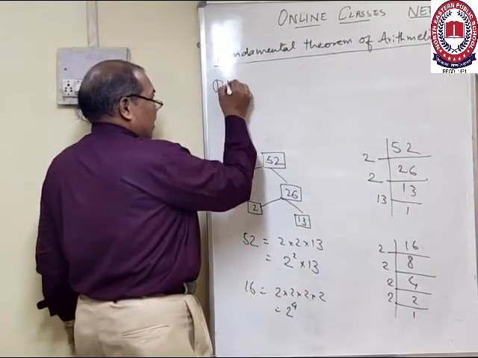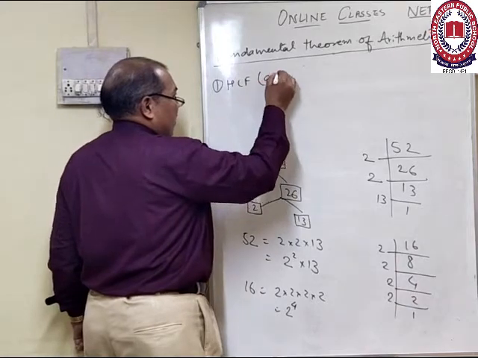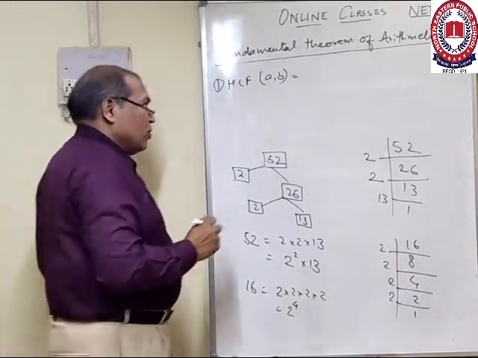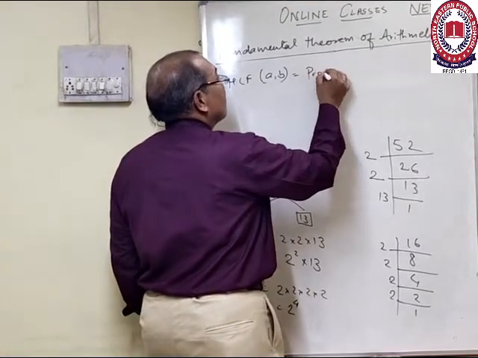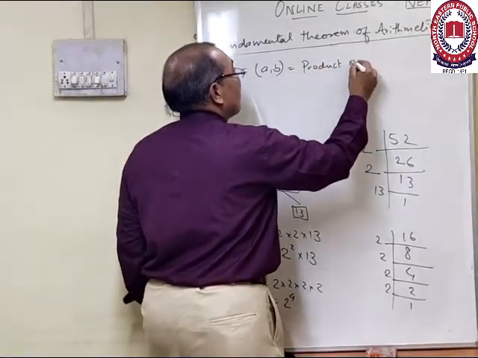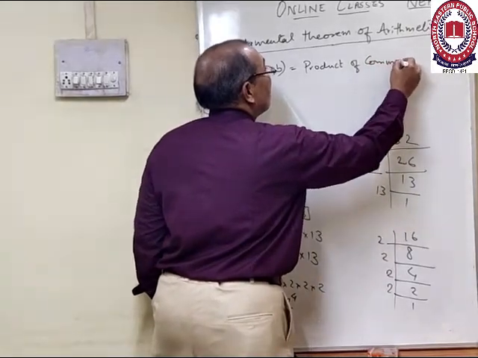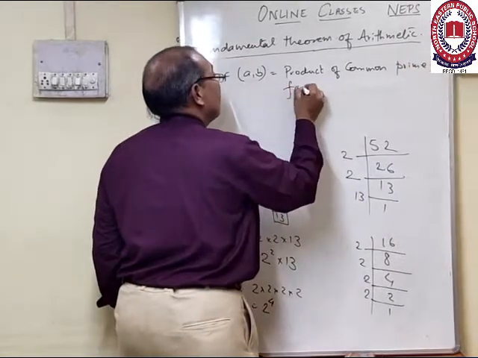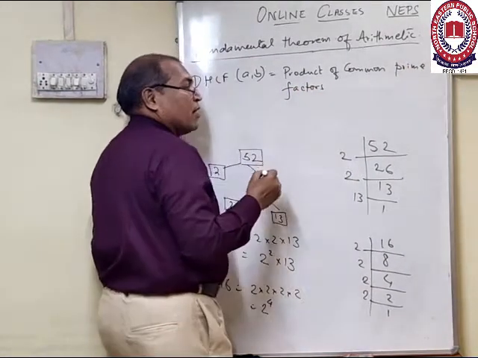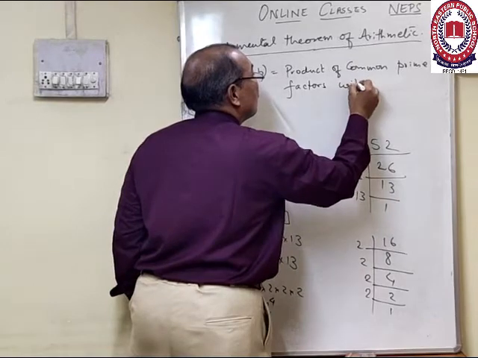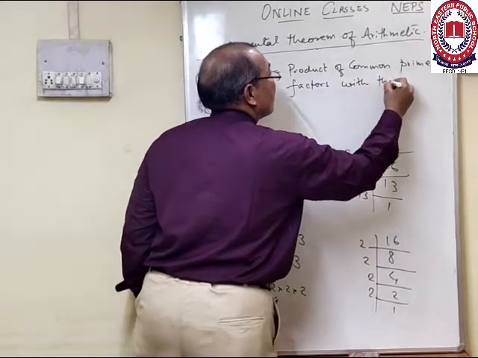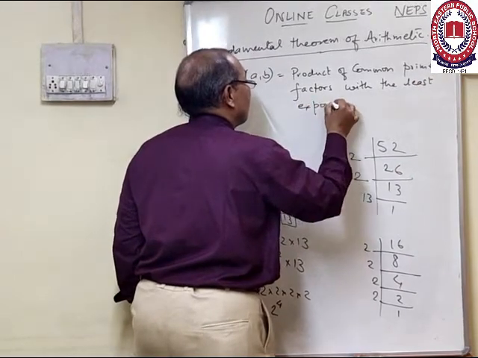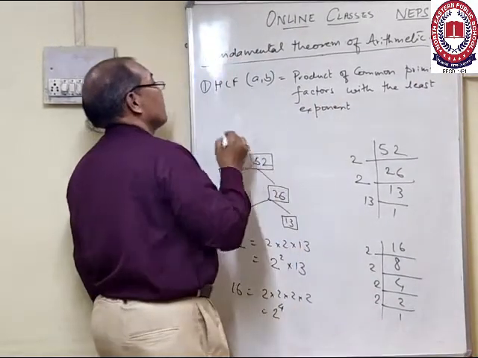First, HCF of A and B is equal to the product of common prime factors with the least exponent.